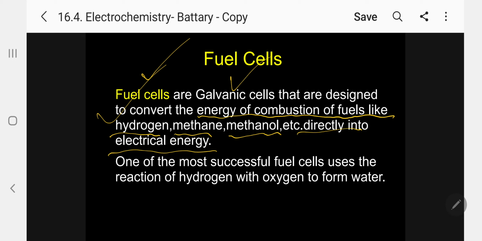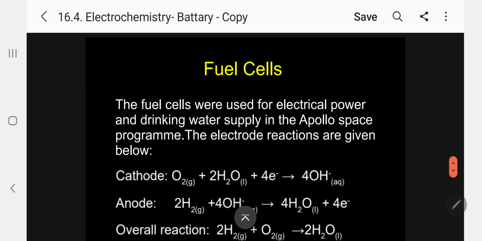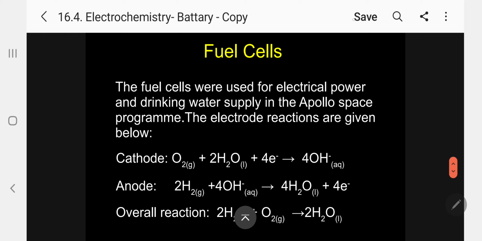One of the most successful fuel cells uses a reaction of hydrogen and oxygen to form water. This is normally used in rockets. The fuel cells were used for electrical power and drinking water supply in the Apollo space program. Please follow, I told you it was used in the rocket.